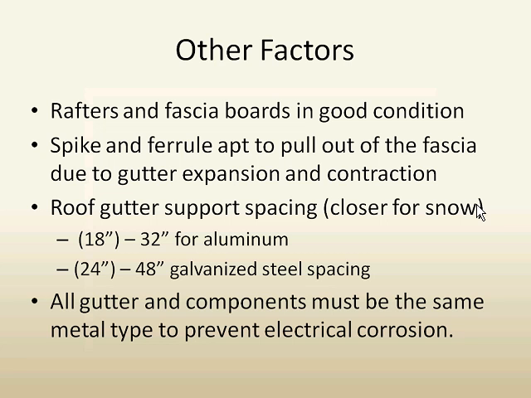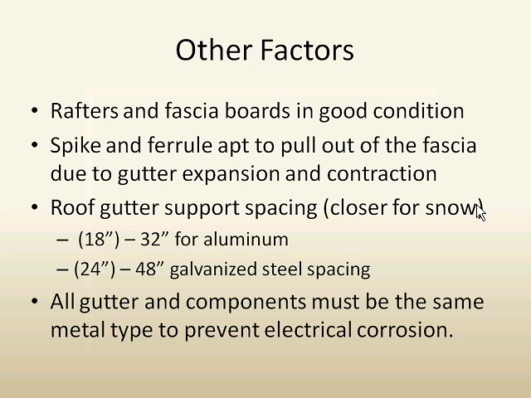Some other things to think about, and we're going to get into this a little bit more: when you attach the gutters, for residential, a lot of times you'll see what they call a spike and ferrule used to attach gutters to the fascia board.